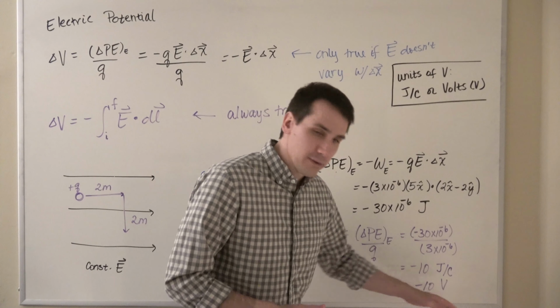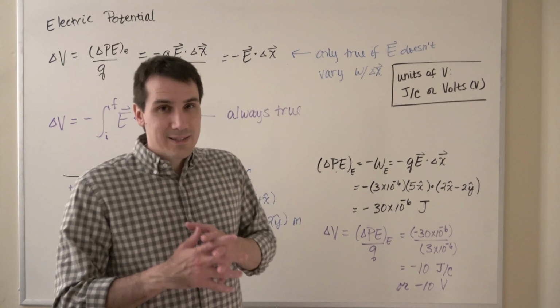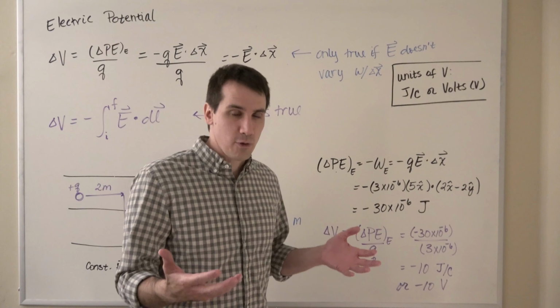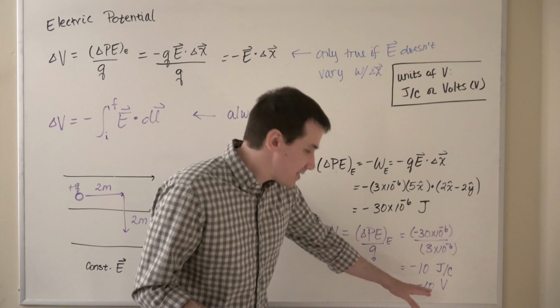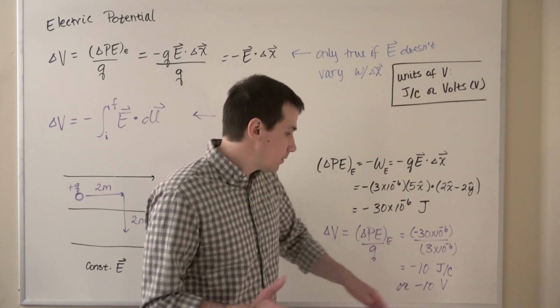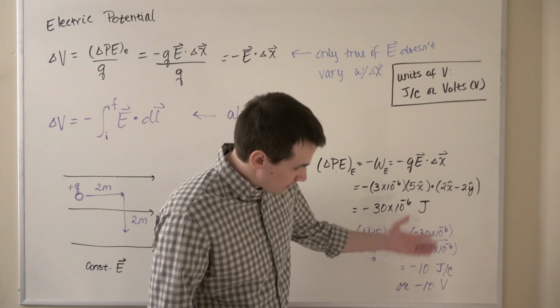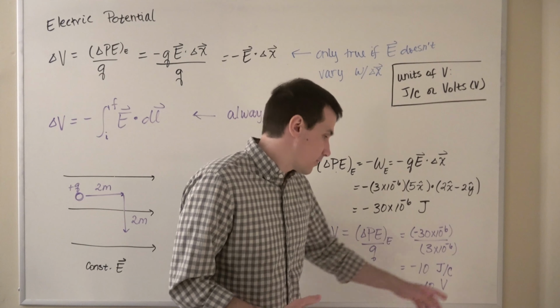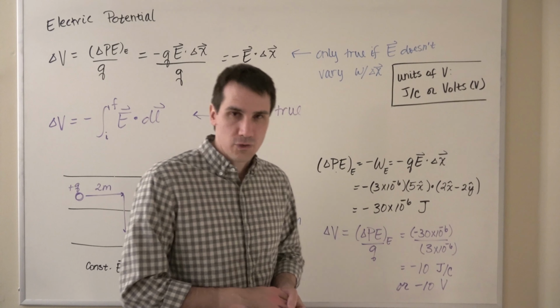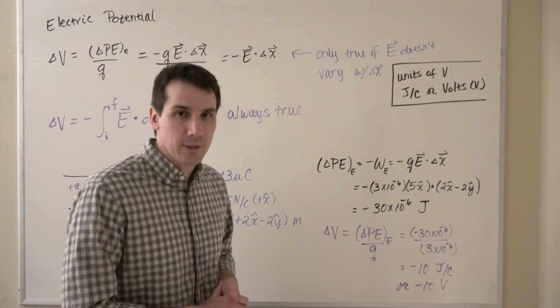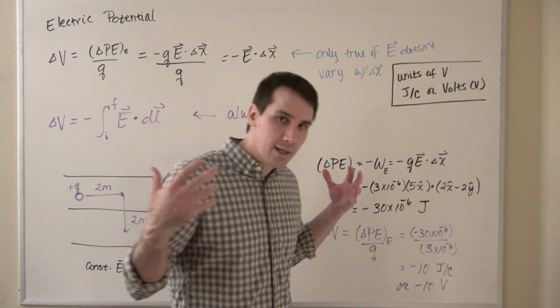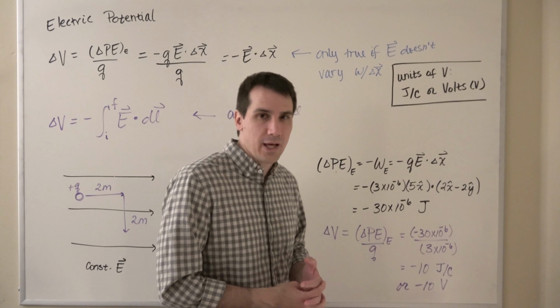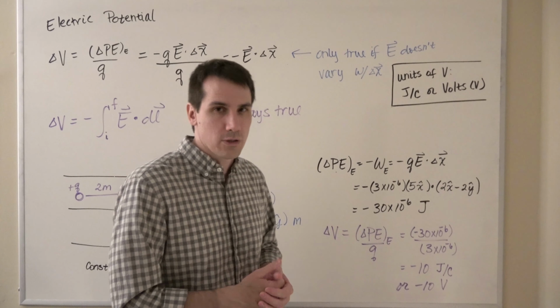That is also called a volt. This is the same unit that you see on batteries. If you have a 9-volt battery, this is what it's saying. It's telling you that you get, in this case 10, you get 10 joules of energy for every coulomb of charge that moves through that battery. If it's a 9-volt battery, it's telling you you get 9 joules of energy for every coulomb of charge that moves through that battery.